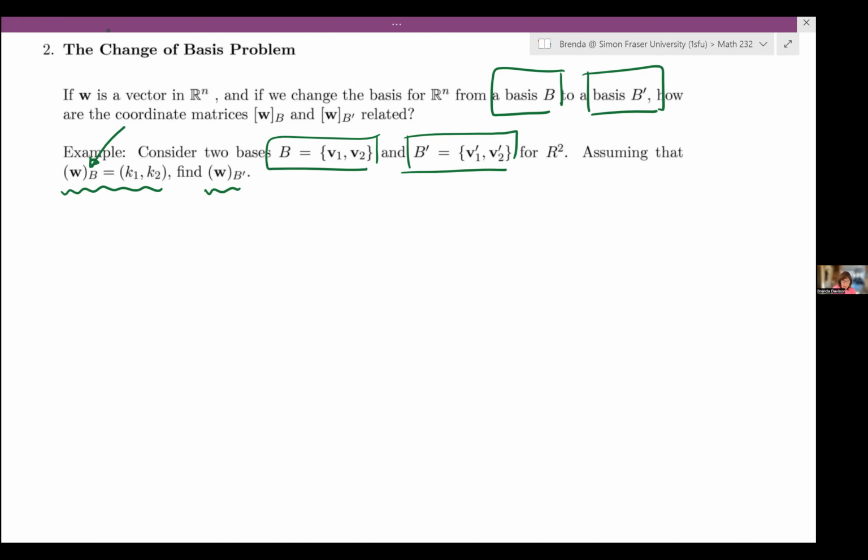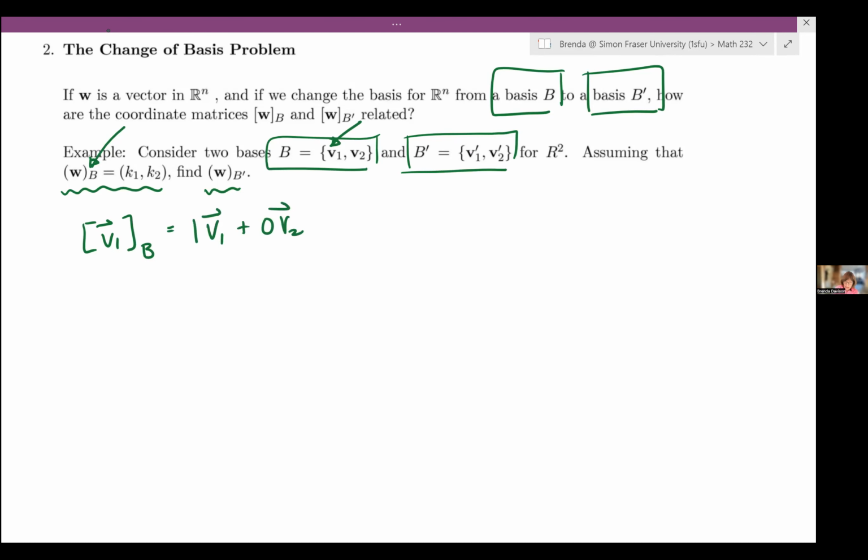So the method that we're going to use is we are going to take the vector V1 and consider what V1 is relative to basis B. V1 relative to basis B is 1 times V1 plus 0 times V2.